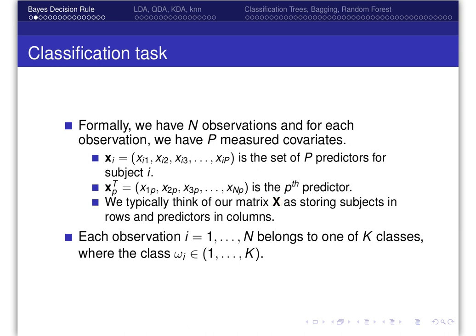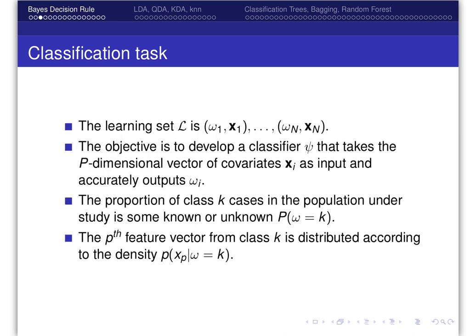Each observation belongs to one of the k classes, which is represented by omega. Therefore, our learning set is composed of n observations, and for each, we have the class and the p features. Our objective is to derive a function that takes the p-dimensional features and accurately outputs the class.